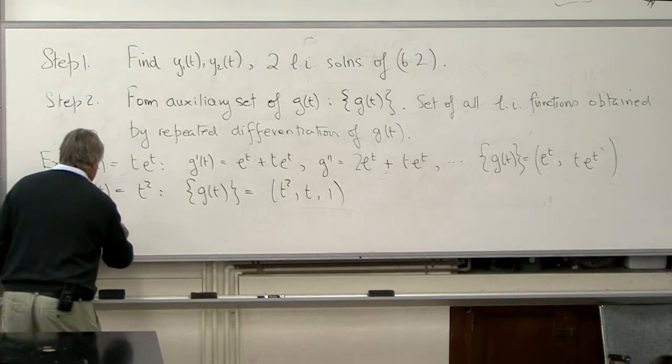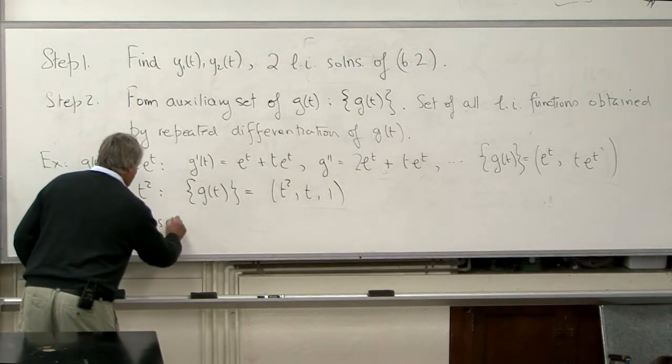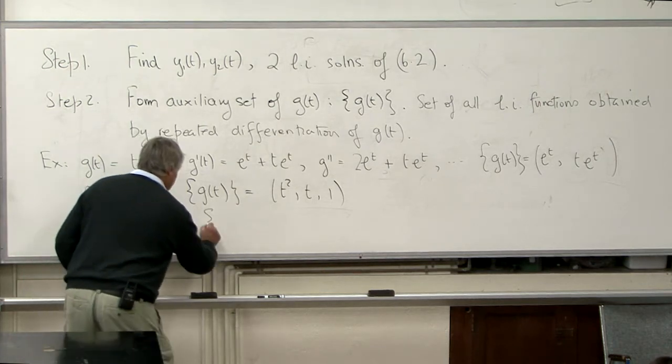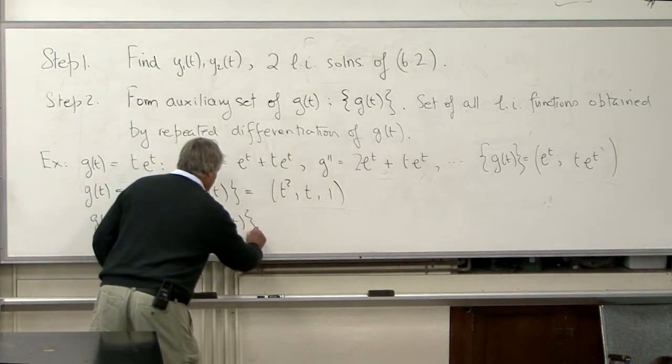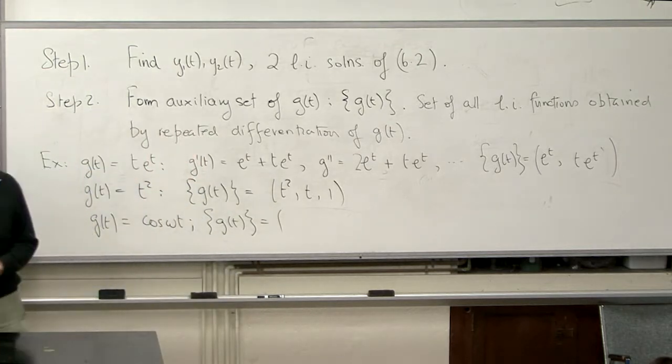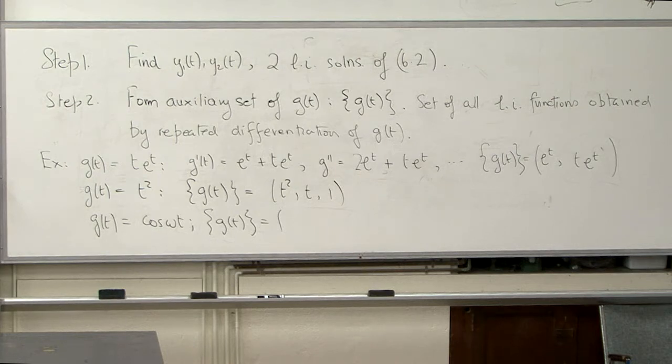One more. G of t is cosine omega t. What's the auxiliary set? You get sine, and when you differentiate sine again, and then differentiate again, and again, and again.